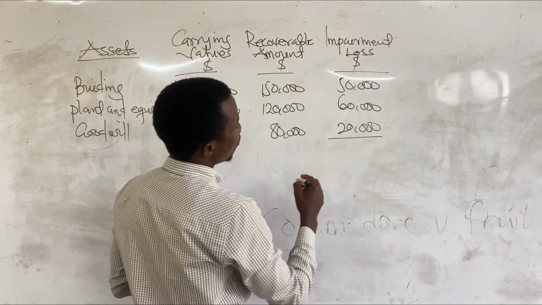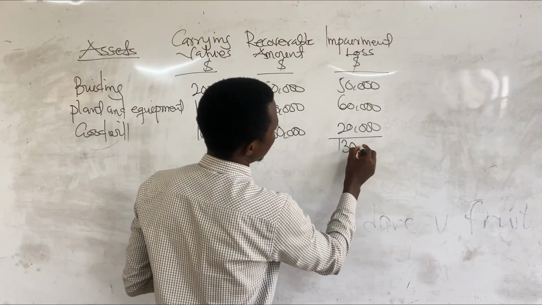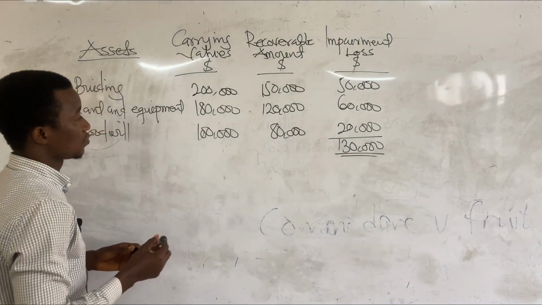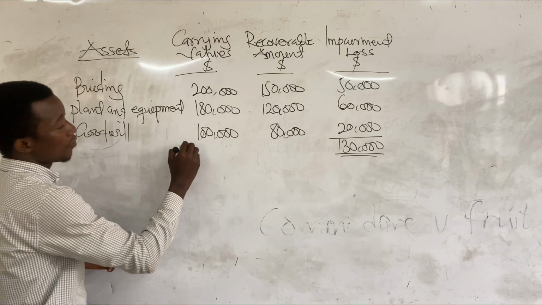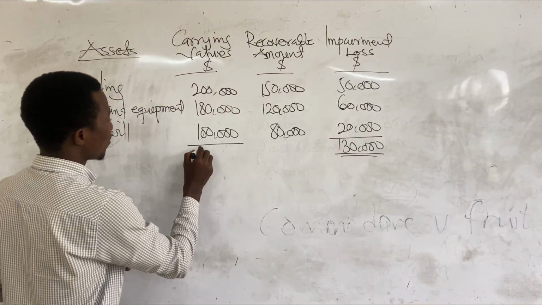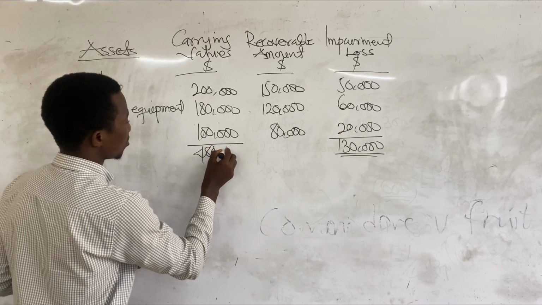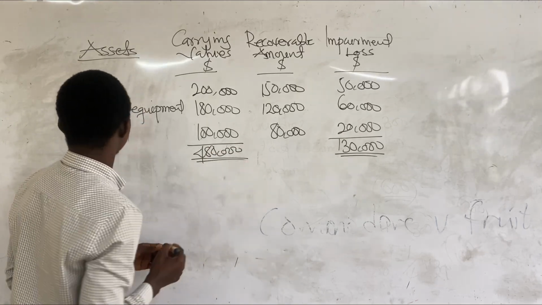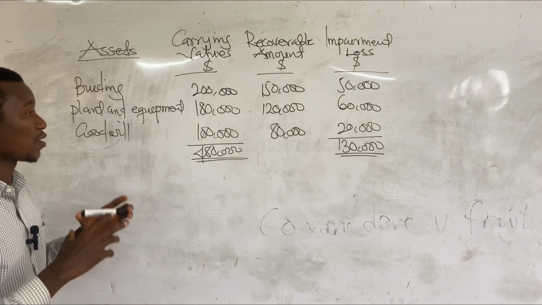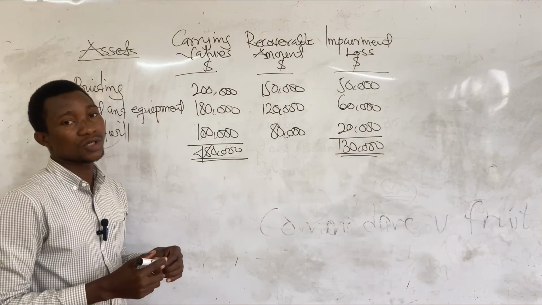So these three will give us $130,000. The initial carrying value of the assets, the total here, is $480,000. So we are done with the first part of the question by calculating the impairment loss of the cash generating unit.